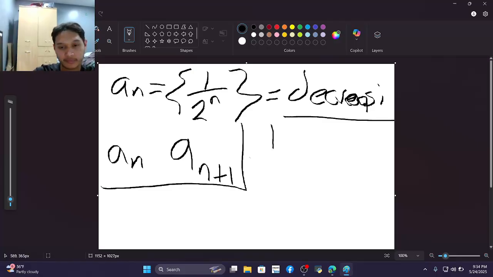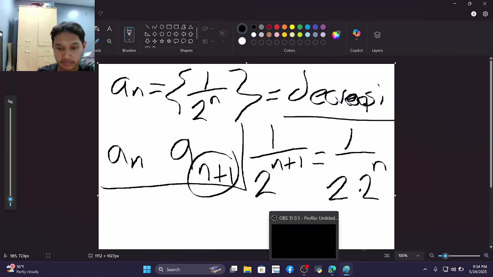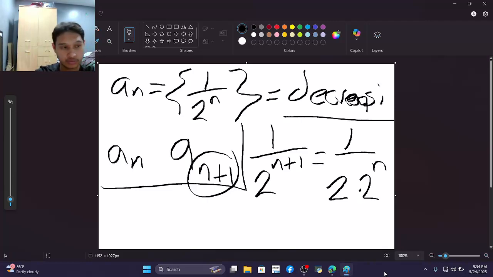We have 1 over 2 to the n, and we substitute n with n plus 1. If we do the calculation, it will be 2 times 2 to the n power. We don't have to do that, we can just compare it right away.